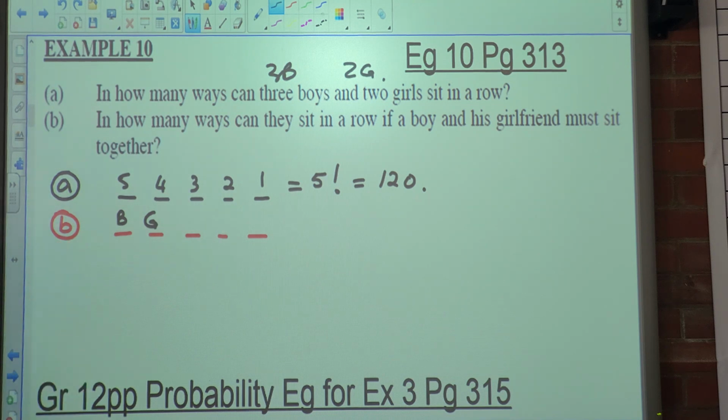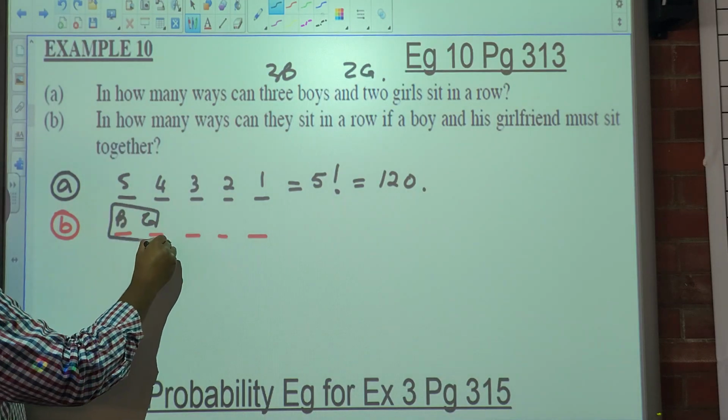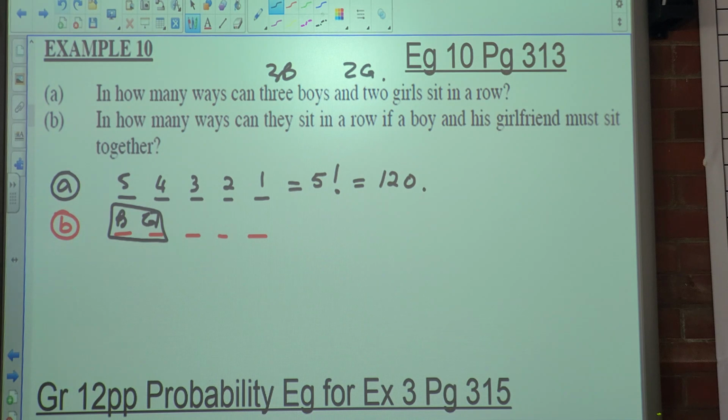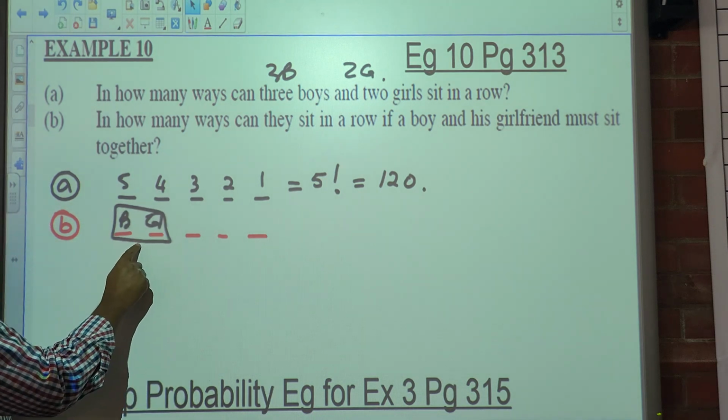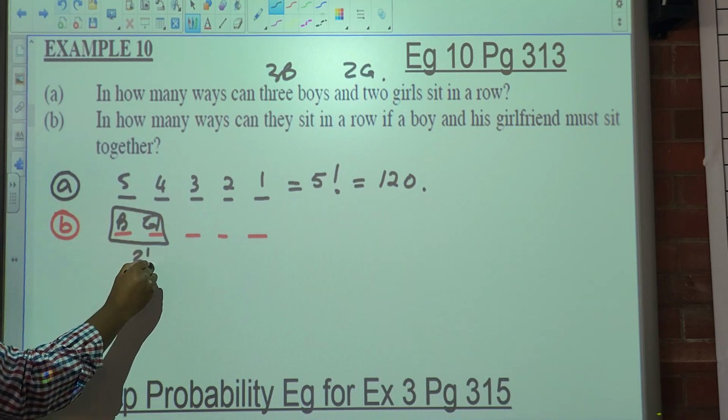So, we bind them. Okay, so they must sit together. Alright. So how many ways can they sit in these 2 seats? 2 factorial. Not so? Why?